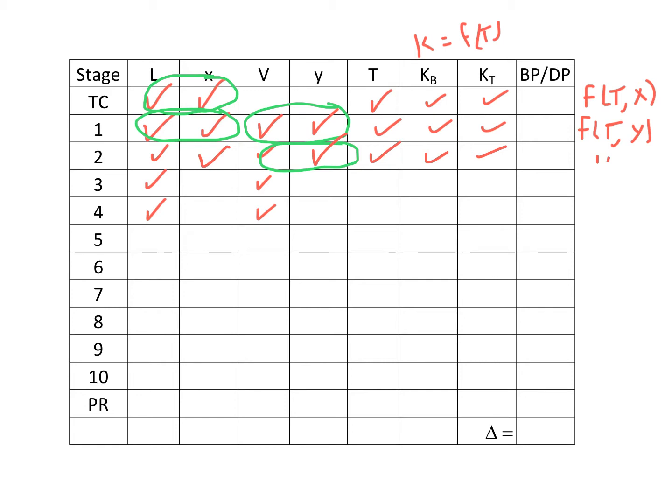Now we run into a problem for non-ideal mixtures if we use an activity coefficient model like the Wilson equation, where the K values are no longer just functions of temperature. They're functions of temperature and the x value.